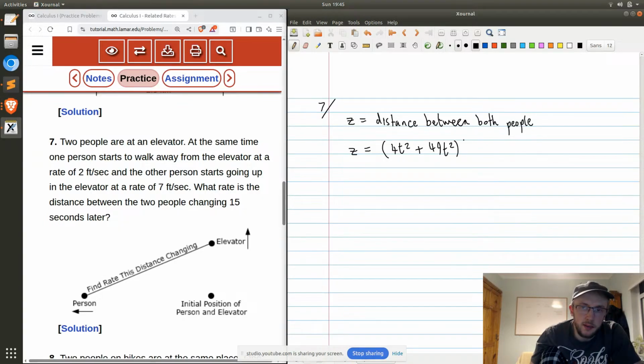I think it's this, which is, that's 53. I cannot see how it's not root 53 times t.